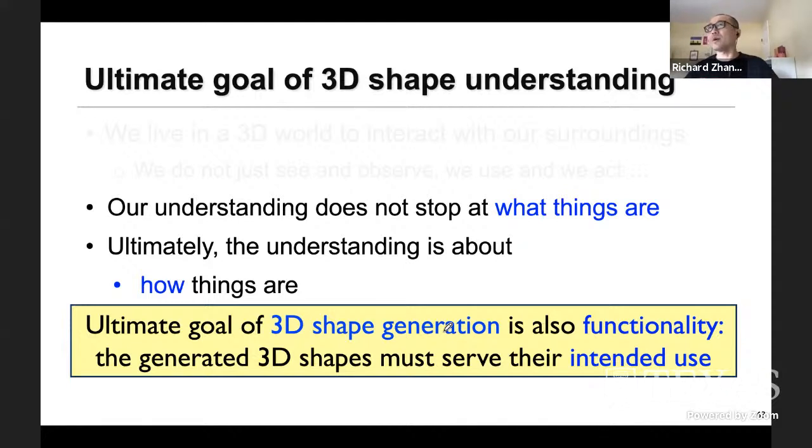You ask yourself, why would you want to generate something in 3D, whether it's a 3D object or a 3D environment? I believe the purpose is to use the 3D objects, and for the environment, to interact with it. So the generated 3D shape or environment must serve its intended purpose.